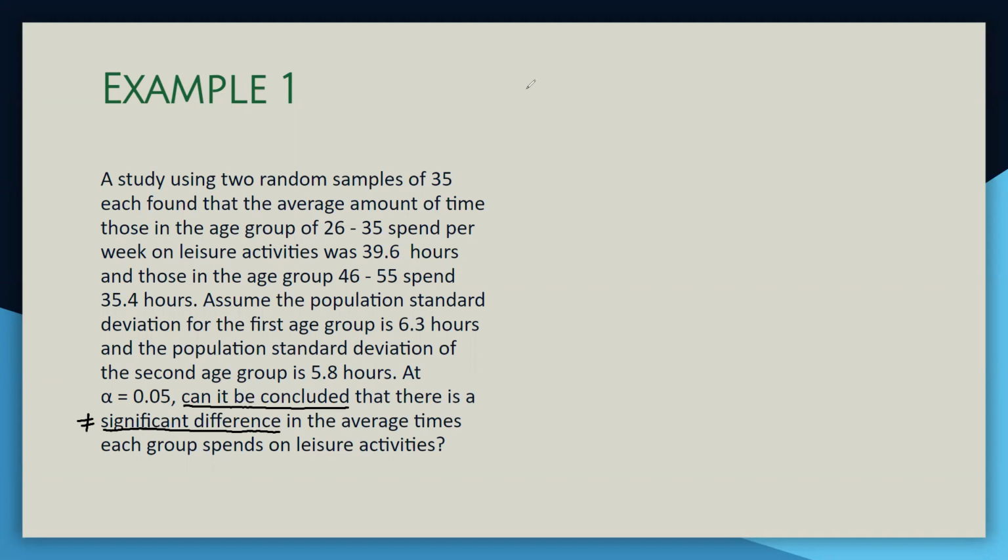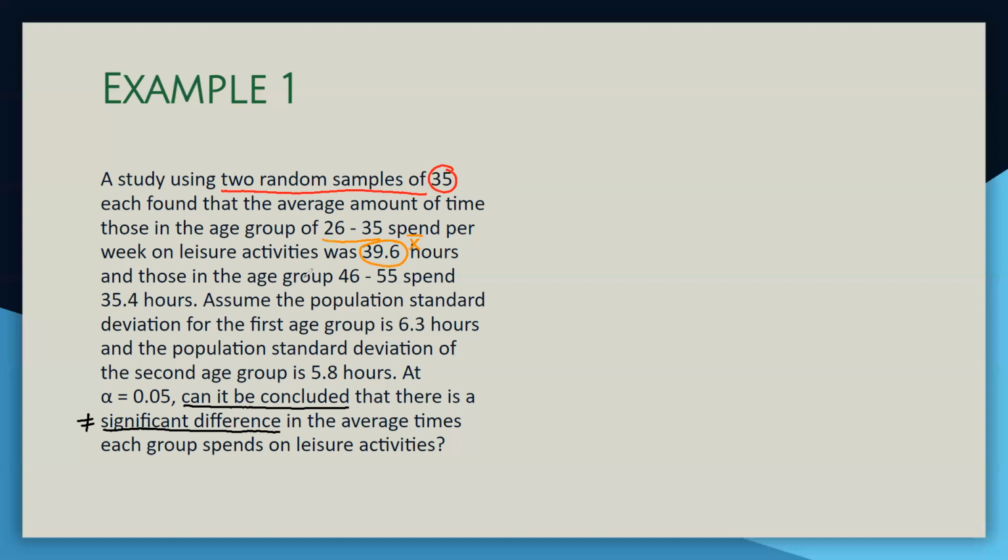So we're going to go through the word problem, pick off what we're given. Says 2 random samples of 35 each. So random samples are the same size. And then we have 2 groups. We have the 26 to 35 group, and their sample mean was 39.6 hours.